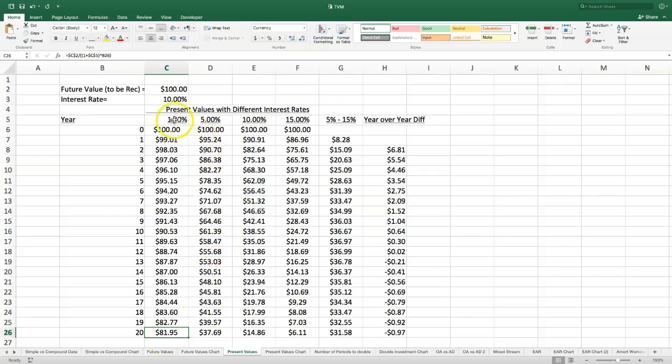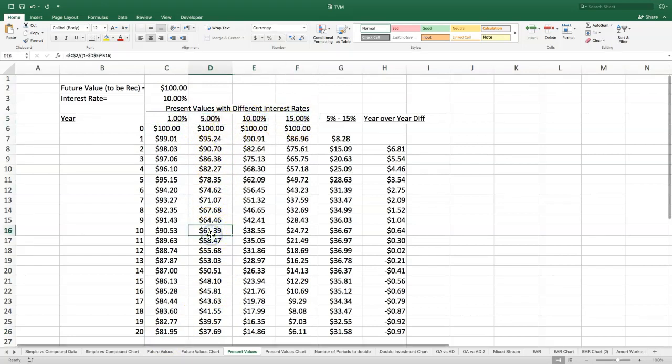And then we can compare that 1% to different interest rates, 5%, 10%, and 15%. So let's look at the 10-year period. The present value of $100 to be received in 10 years is $61.39 if our discount rate is 5%.